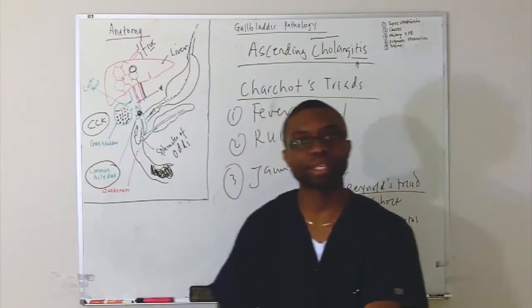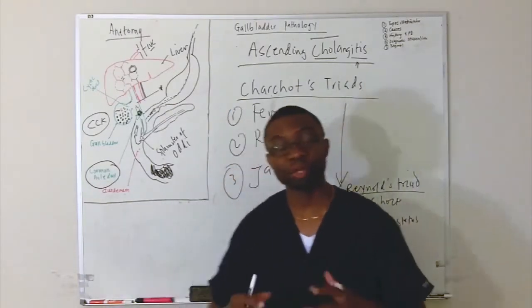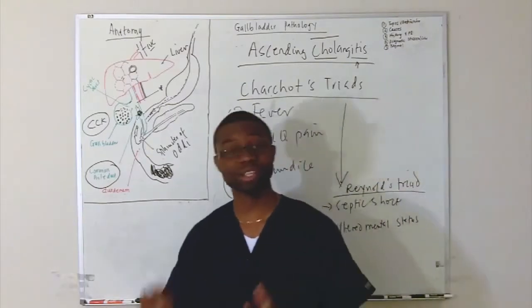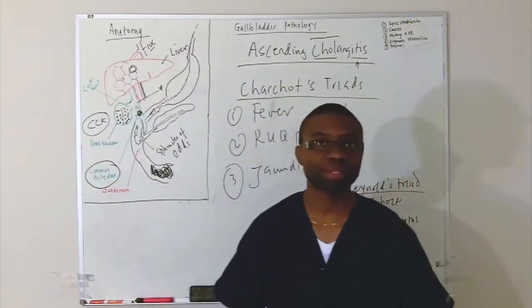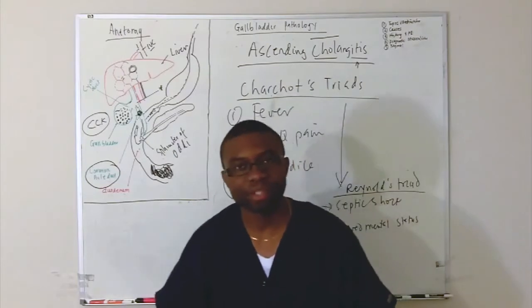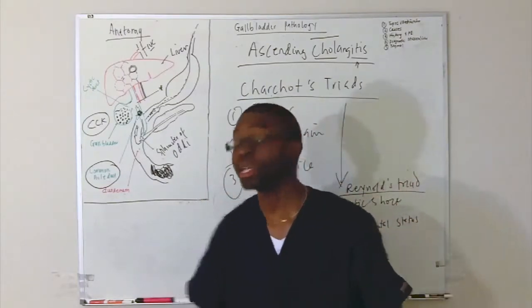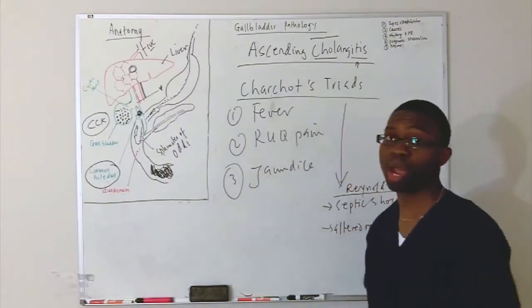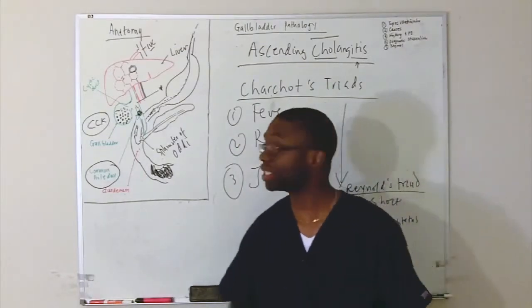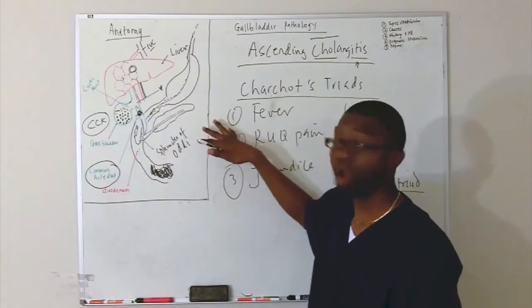You go into sepsis. We're going to actually talk about sepsis and septic shock. You go into septic shock, right? Systemic vasodilatation. All of a sudden you get altered mental status. Now that's called Reynolds' pentad, which is the extreme of Charcot's triad.